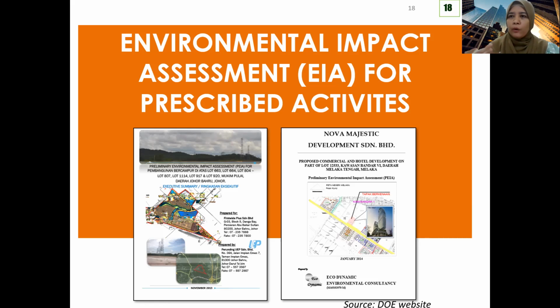Kita boleh propose langkah untuk mitigate, langkah untuk mengelakkan the damage from being done to the environment. Okay, so that is the why.